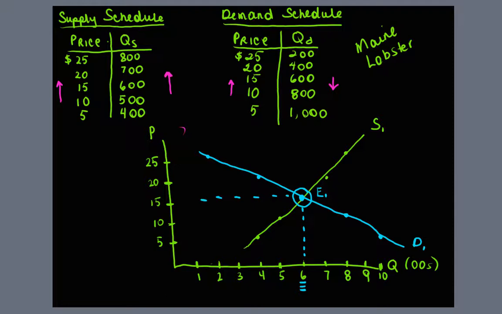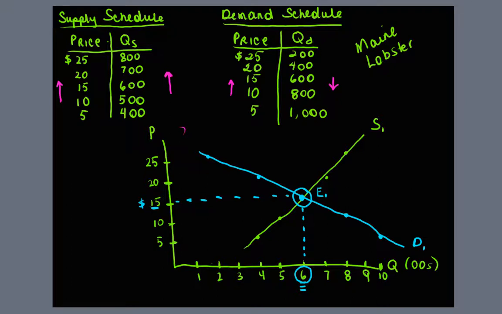And that's exactly equilibrium. It's as if suppliers of lobster, people who go out and catch lobster, come to the market and say, okay, at $15, I am willing to bring to the market 600 pounds of lobster. And it's as if consumers walked into the market and said, okay, at the price of $15 per pound of lobster, I am willing to purchase 600 pounds of lobster.